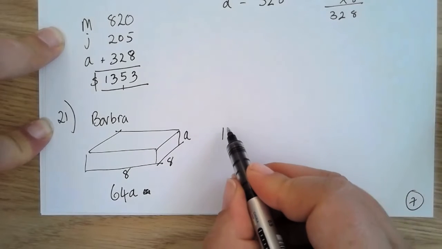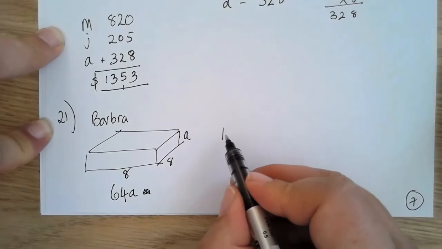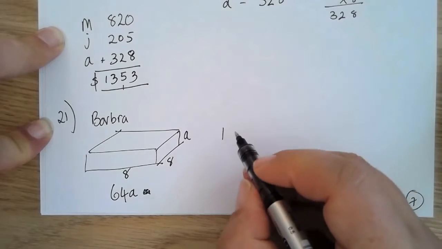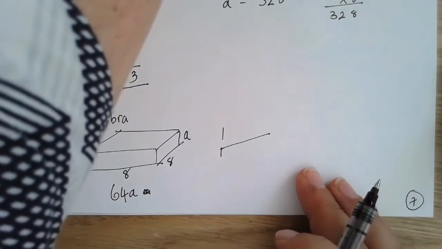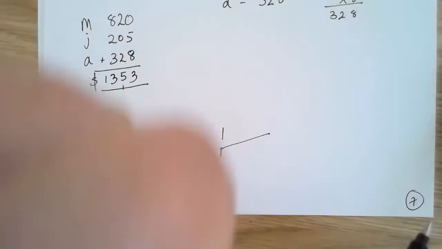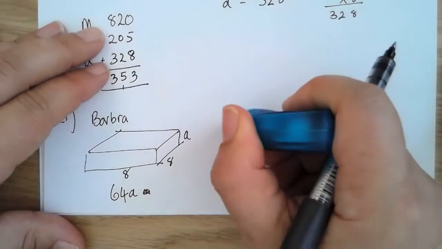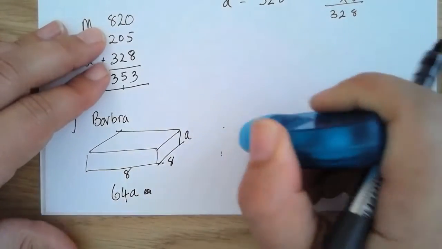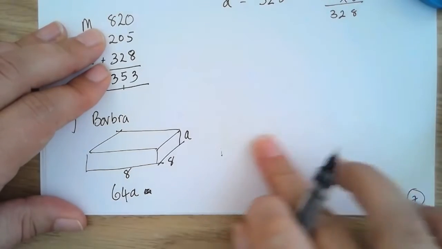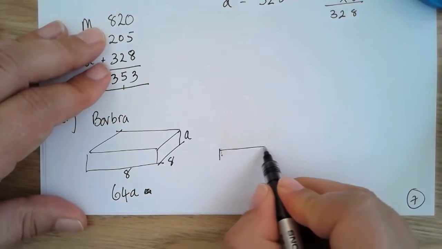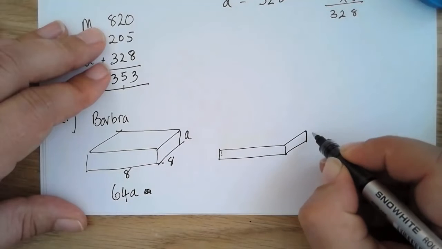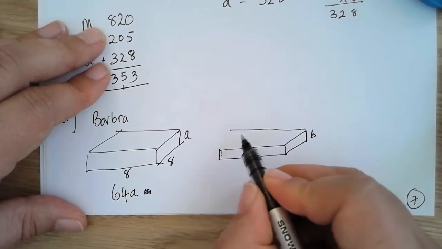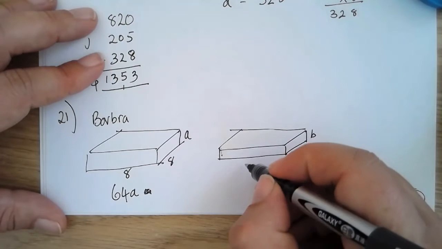And then what we're doing is looking at this larger pan, so it'll have a smaller height, which we're going to call b. It looks smaller, but actually it's bigger.